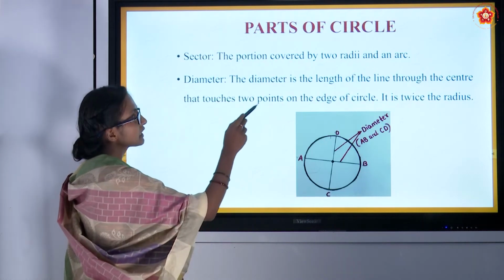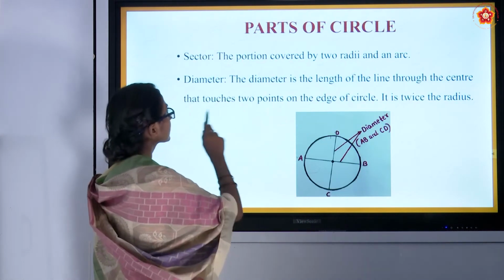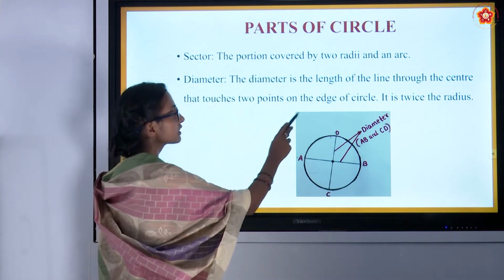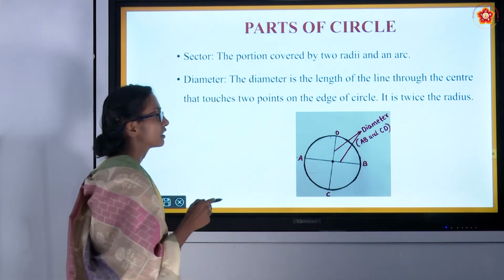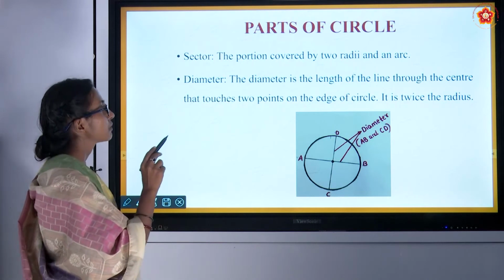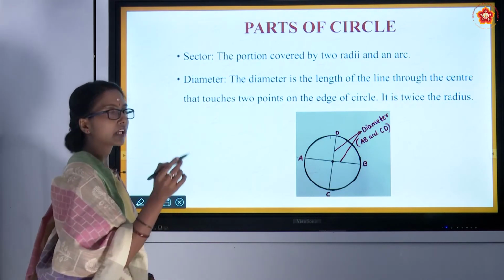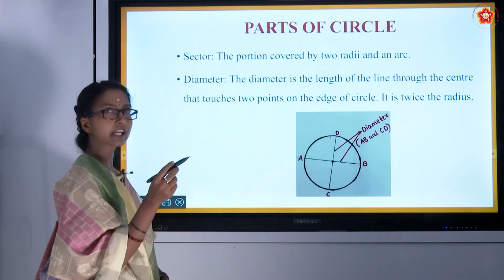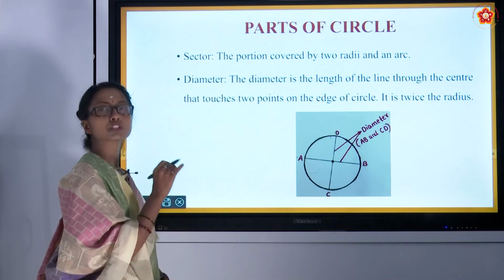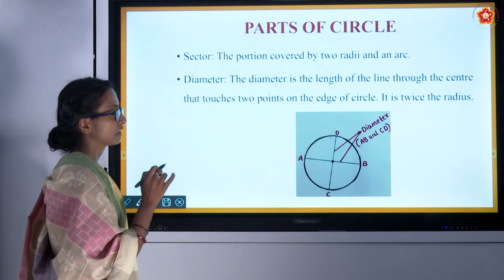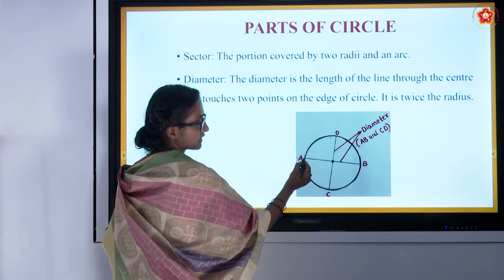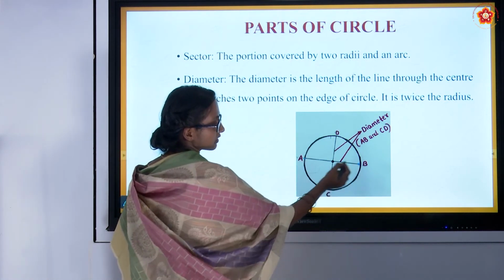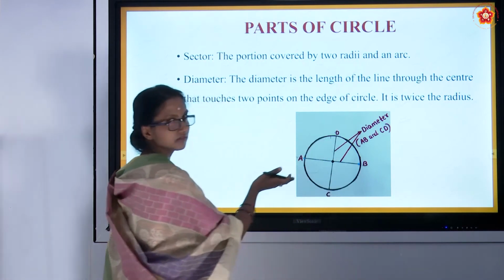Diameter. The diameter is the length of the line through the center that touches 2 points on the edge of the circle. So, diameter is nothing but a line. You know very well that in the previous class we studied that a line segment has both a starting and an ending point. See, if this is the starting point, it ends here. It cuts the circle in half.